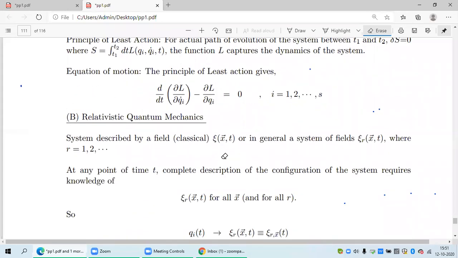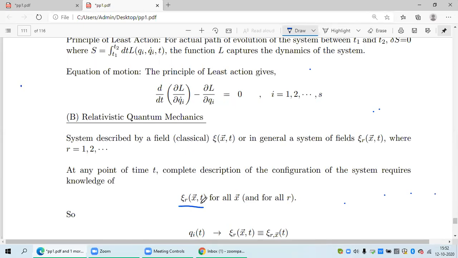Now, when a system is described by a field, say a single field psi, then to know the configuration of the system, here system meaning the system of field, say a single relativistic electron, its description needs infinite numbers at a particular time.